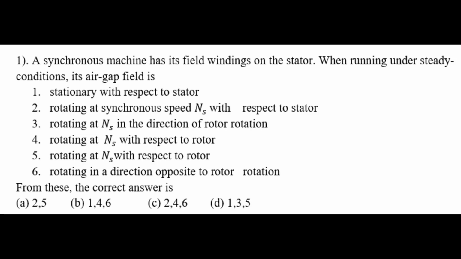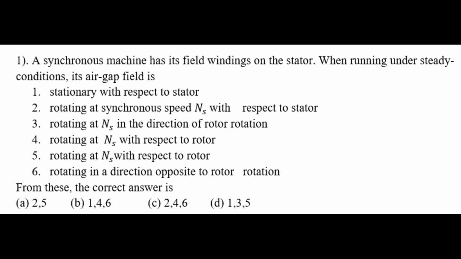Now, look at the question on your screen. A synchronous machine has its field winding on the stator. When running under steady state conditions, its air gap field is. Six statements are given. Air gap field is stationary with respect to stator. Air gap field is rotating at synchronous speed with respect to stator.